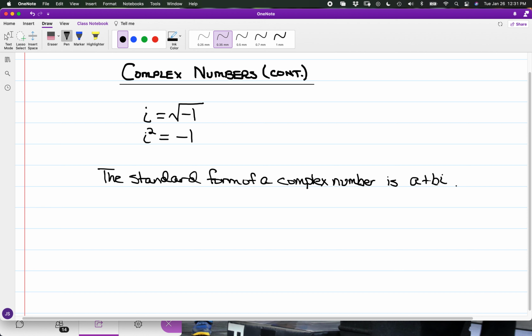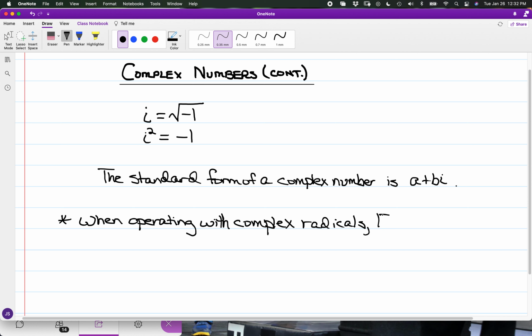Now when you're working with complex numbers, when you're operating with complex radicals, like the square root of -36, for instance, I'll place emphasis on this: first express the radicals in terms of the letter i.